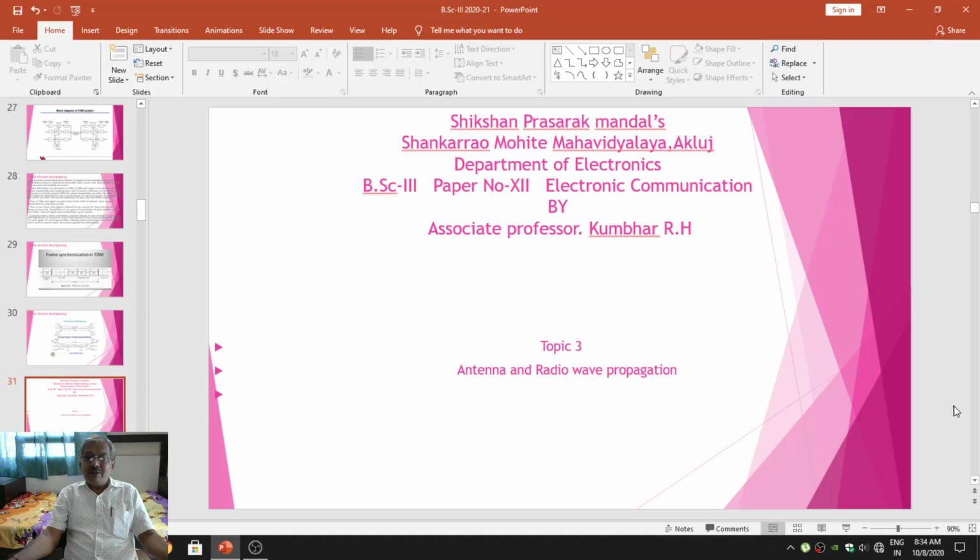Basically, the transmitter is used to transmit the information and the receiver is used to receive the information and to reproduce it at the destination.